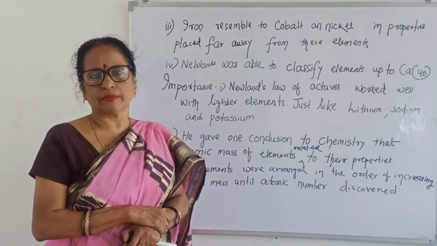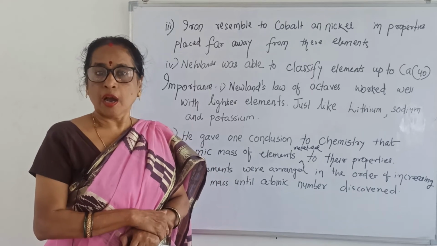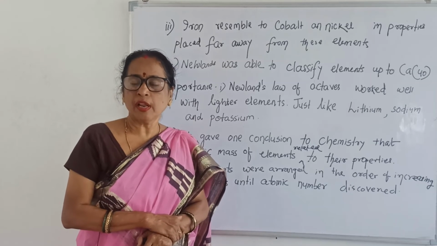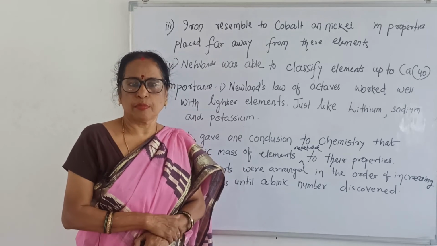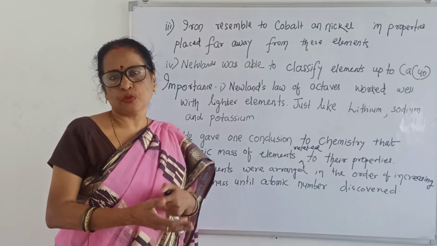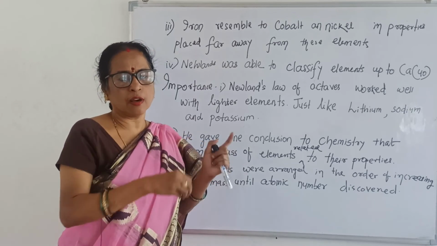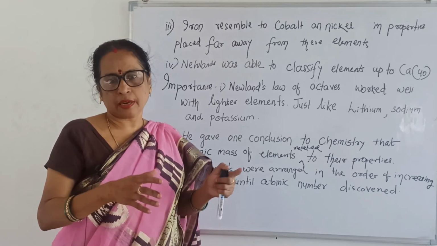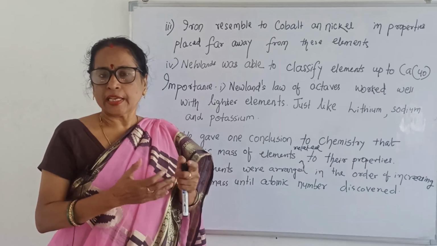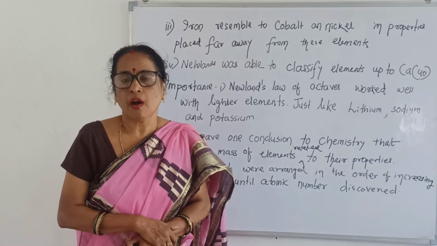These are some disadvantages. He also said only 56 elements were available and no more elements would be discovered in future, but after that several elements were discovered and tried to be put in the law of octaves; some fitted and some did not. That was the main failure of Newland's law of octaves.